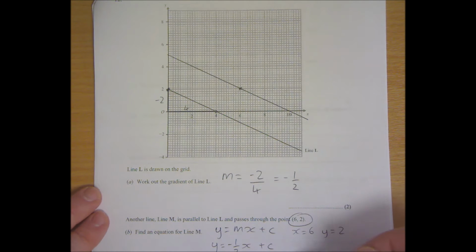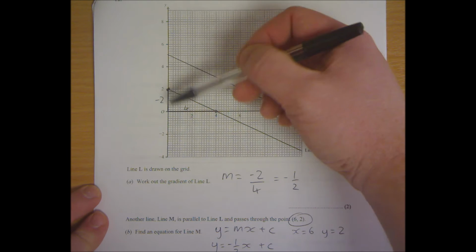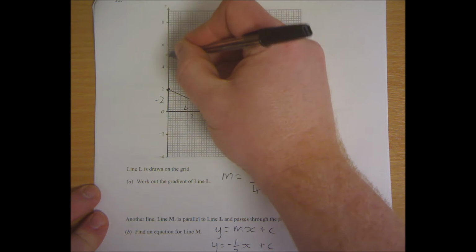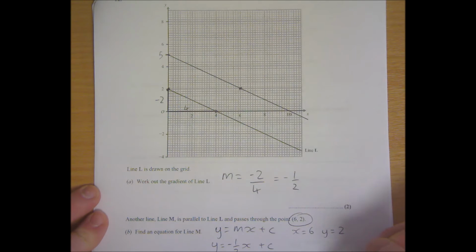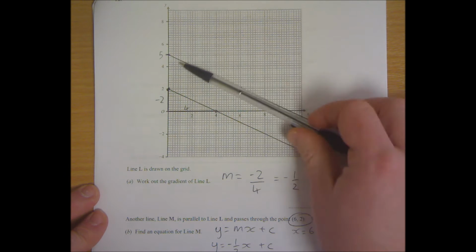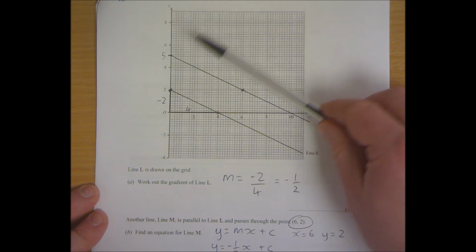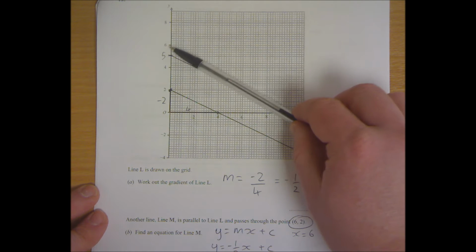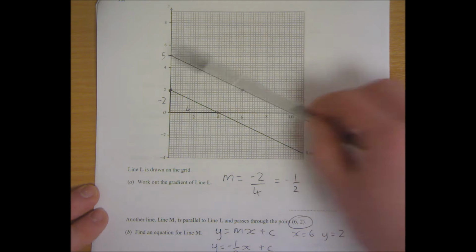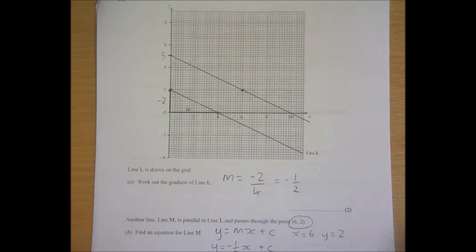I know the gradient is minus a half, so that would stay the same. Then I'm looking at where's the y-intercept, and you can see there that it's at 5. Okay, now trying to get that perfectly parallel isn't the easiest, and the likelihood is you'd probably go a little bit wrong there, but it might mean that you get at least 1 mark.